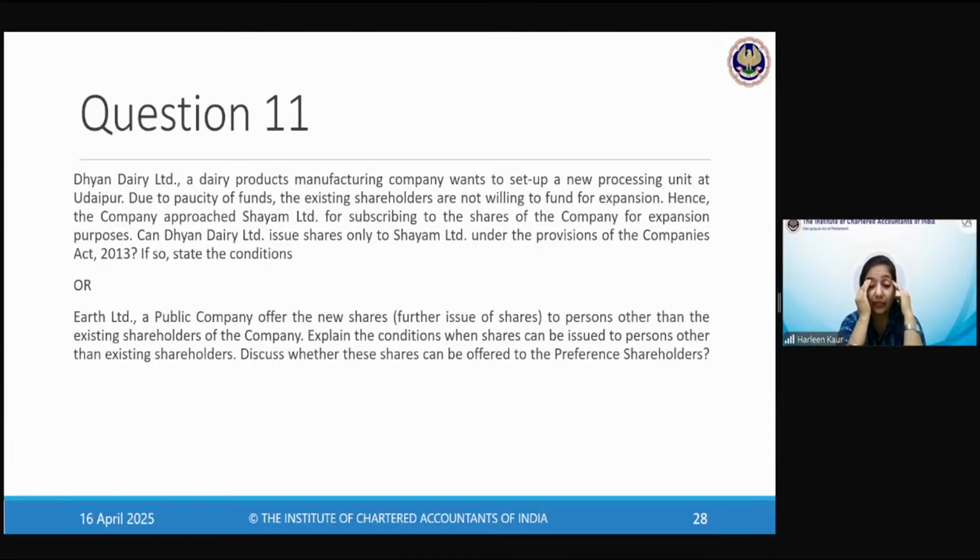Please read this question very carefully. This is again related to further issue of shares. Existing shareholders are not willing to fund for expansion. Read the question.